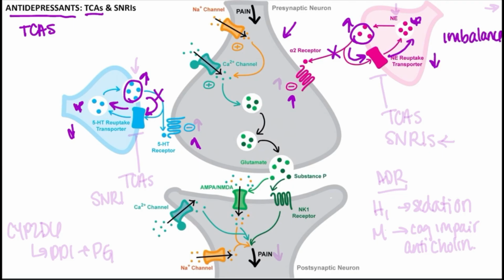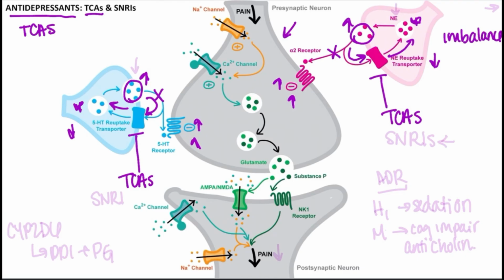And this is where the TCAs come in, because these agents will bind and inhibit both the norepinephrine reuptake transporter as well as the serotonin reuptake transporter. So more of these neurotransmitters remain to bind those serotonin or alpha-2 receptors to increase those inhibitory signals and provide some balance and hopefully pain relief.